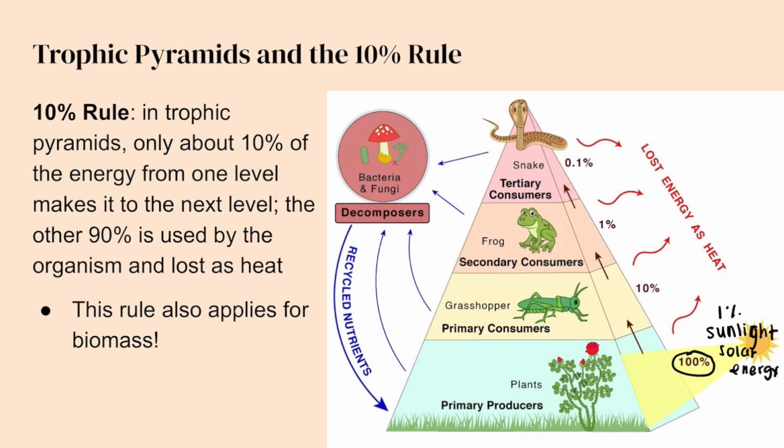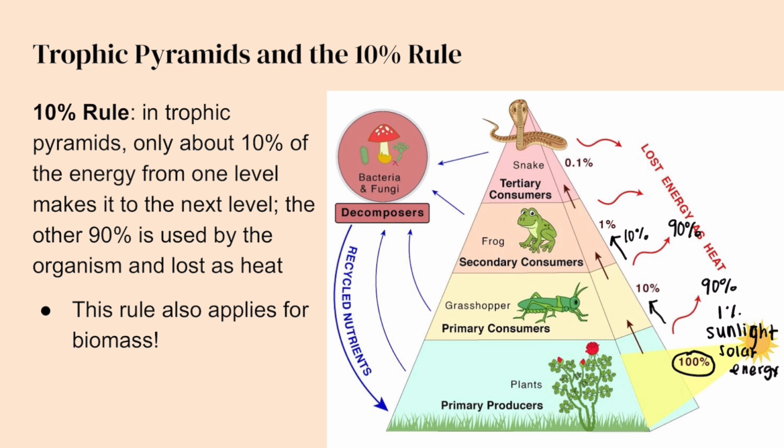So then as we move up, 90% of that is lost as heat, 10% continues and can be used by primary consumers, and they gain that energy by eating primary producers. So then as you go up again, 90% of that 10% is lost, and we have 10% that moves on. But if we're looking at our initial 100%, that's only 1% of what we originally had.